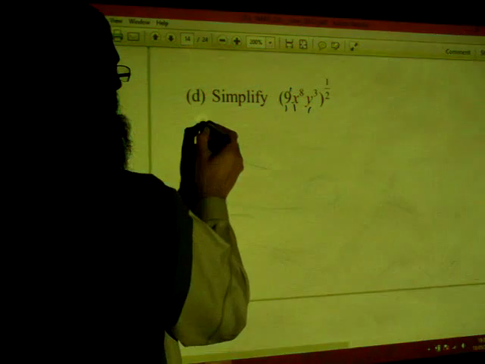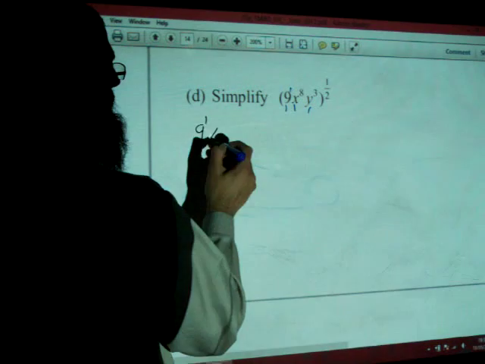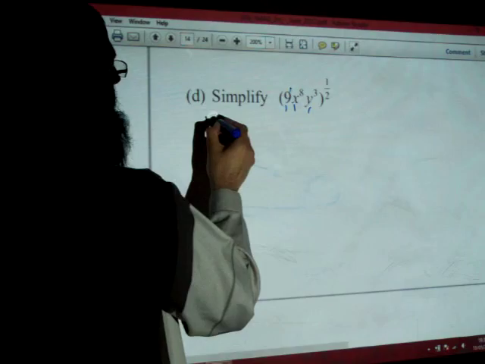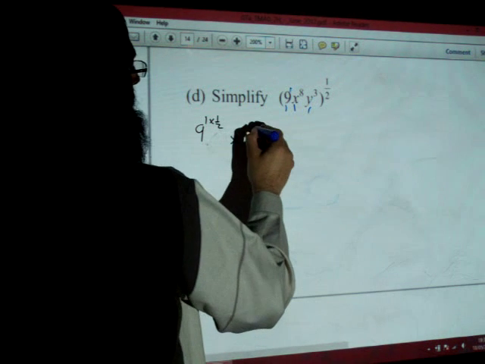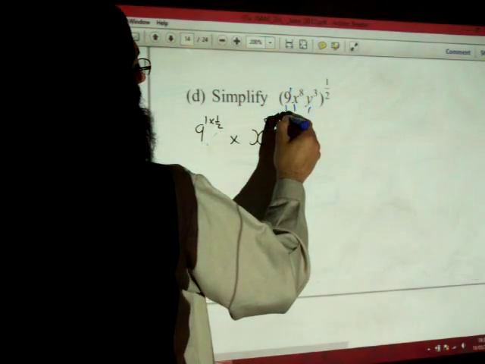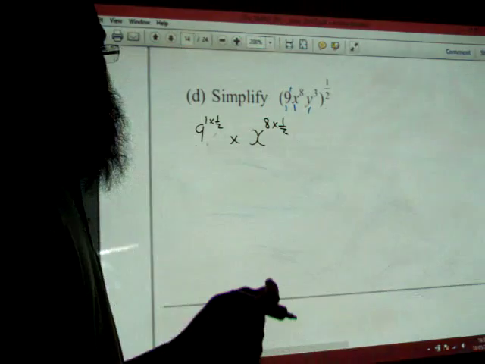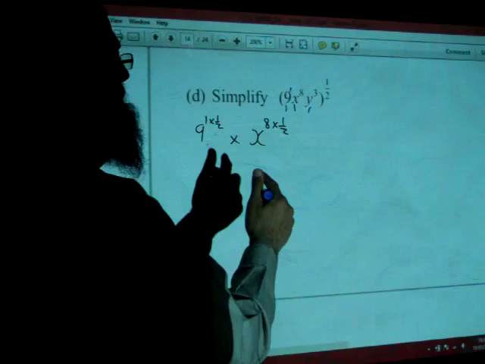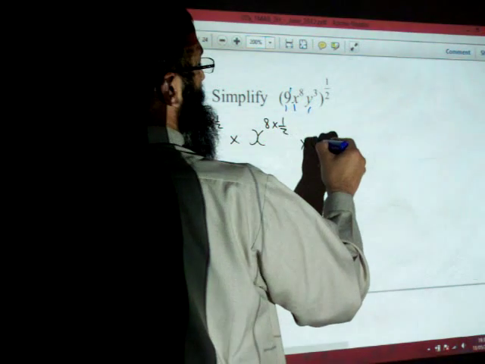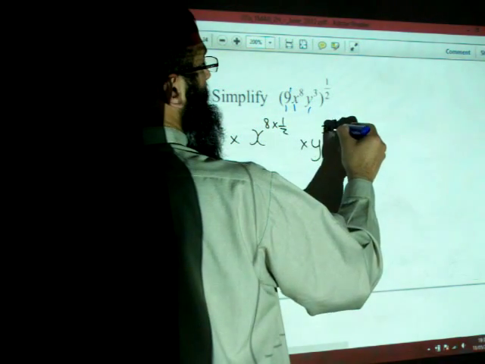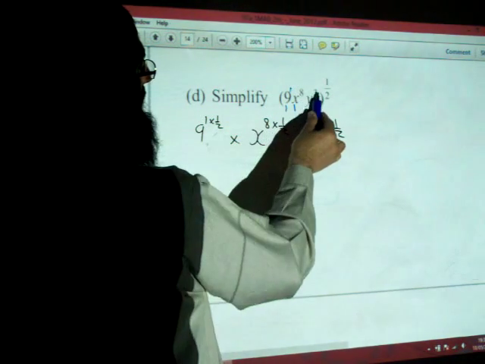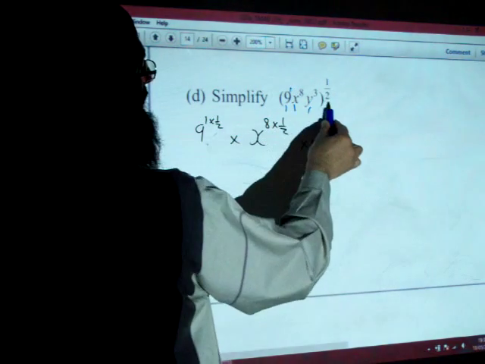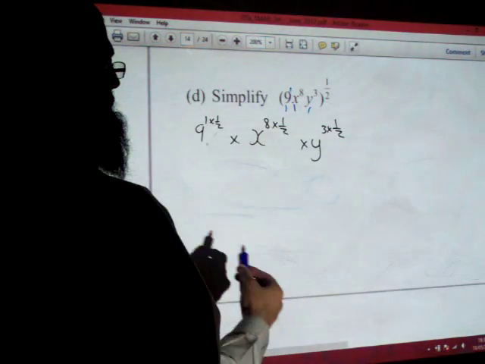So we start with 9 to the power of 1, and then we times that by a half, and then we have x to the power of 8, times that by a half. So when you raise a power to another power, you multiply the powers. You have y to the 3 times by a half. So each index 1, 8 and 3 has to be multiplied by the power that we're raising the powers to.